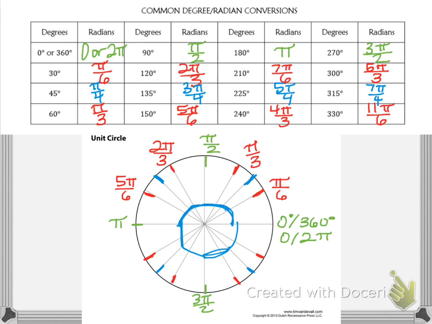Because 30 degrees is pi over 6, one thing that is helpful for some students is if you think about 30 degrees as 1 pi over 6, and really this would be just 0 pi over 6 for 0. And then 30 times 2 is 60, so this is 2 pi over 6, which reduces to pi over 3. This is 3 pi over 6, which reduces to pi over 2.